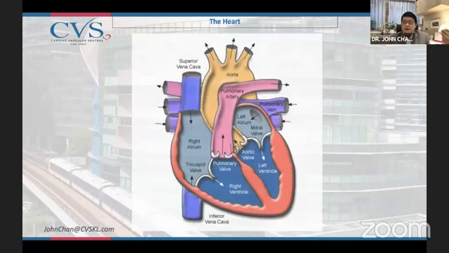Aortic stenosis and aortic regurgitation, there is now good data which show that if we do not control the blood pressure, then these can progress quicker than if we control the blood pressure.